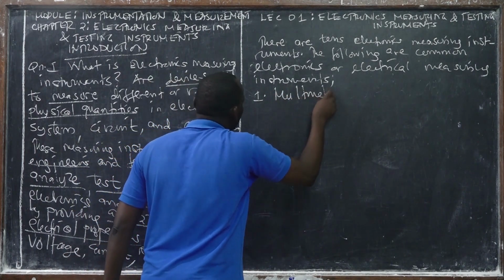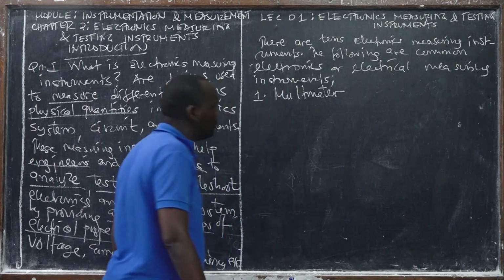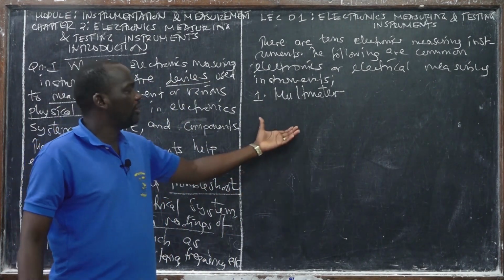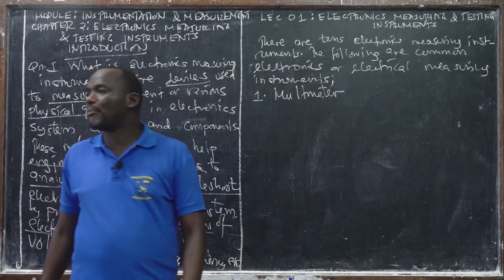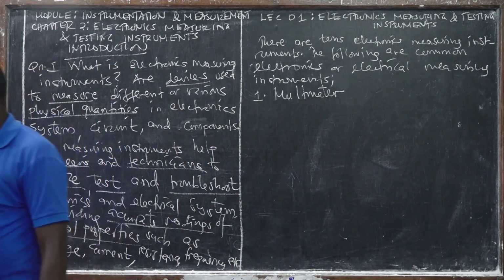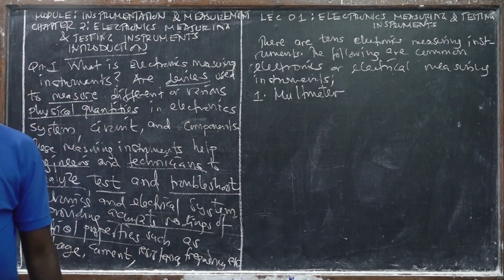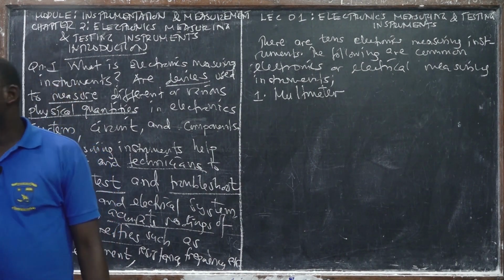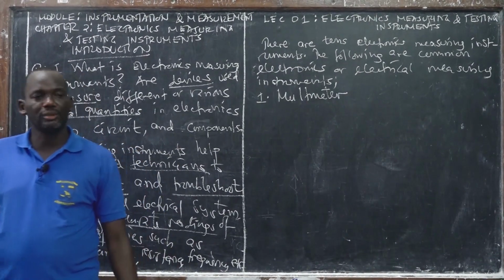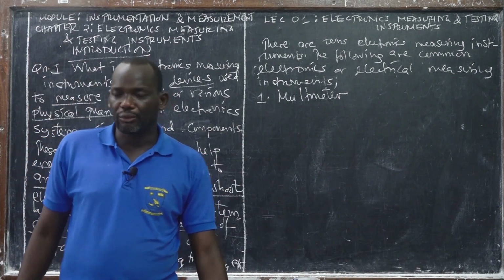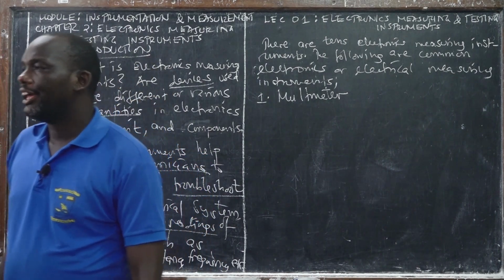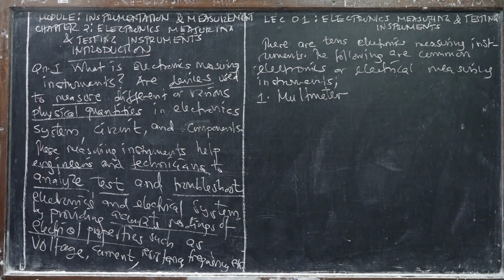So one of the existing measuring instruments nowadays is the multimeter. Say multimeter. But we've seen in the electronics workshop that a multimeter consists of a number of measuring instruments, such as DC voltmeter, DC ammeter, AC voltmeter, AC ammeter, diode tester, transistor tester, frequency meter, capacitance meter, ohmmeter, and continuity tester, etc. But we mention multimeter.